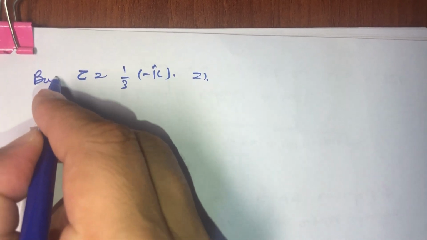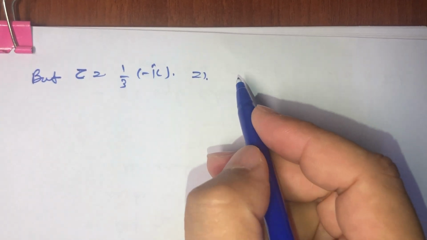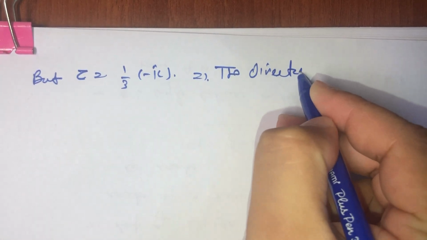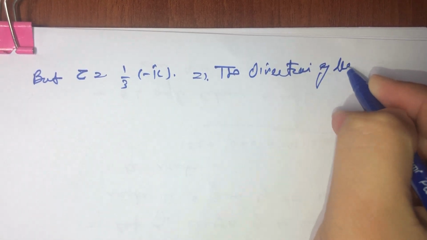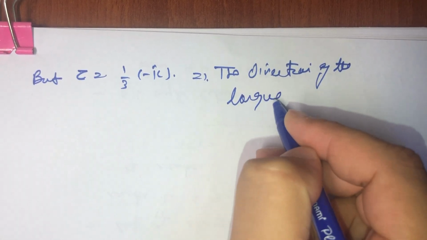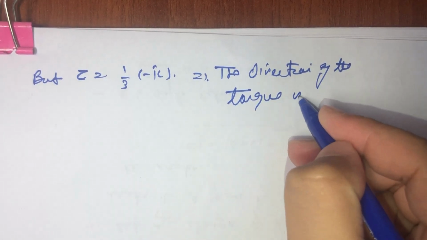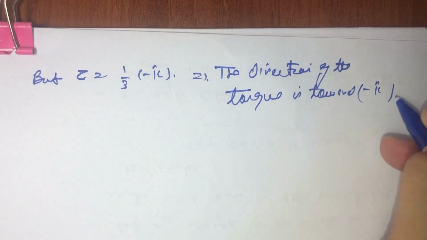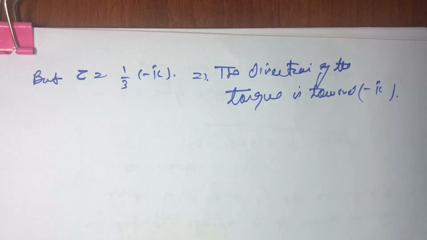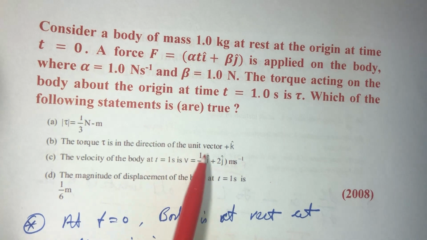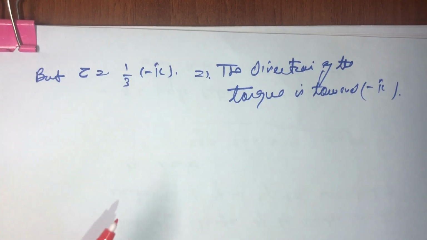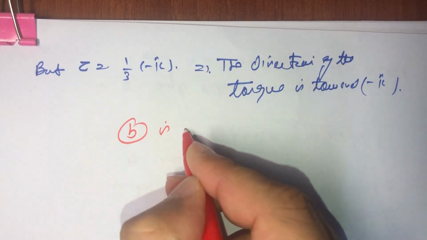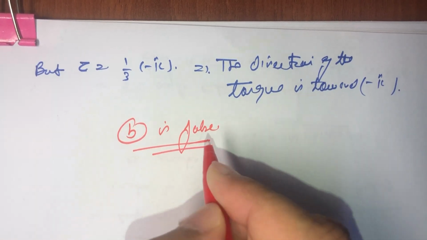So from here we can say that the direction of the torque is toward minus k unit vector, whereas in the option it is given that it is towards plus k unit vector. Therefore, option B is false.